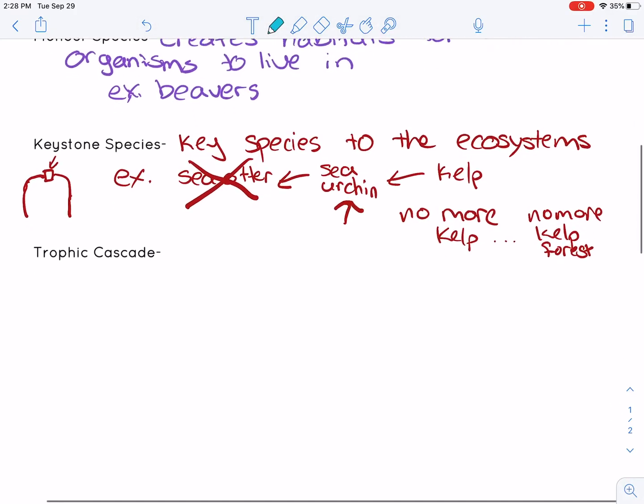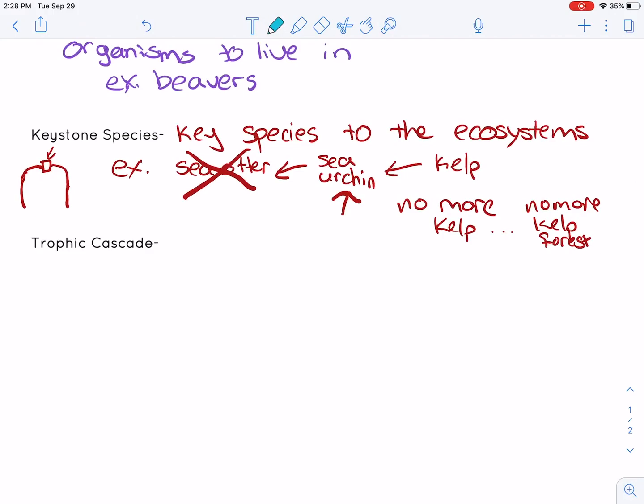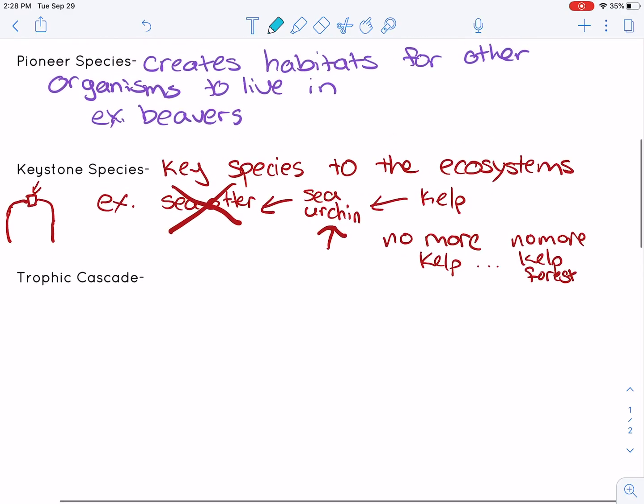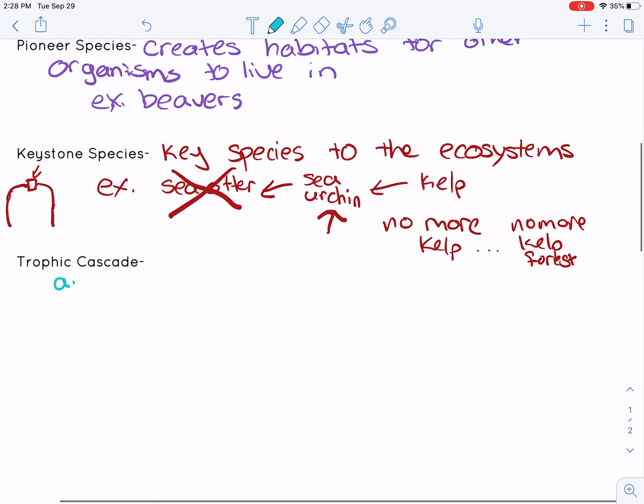And so the last part is what we're going to call a trophic cascade. We're going to watch a video about trophic cascades when we reintroduce the wolves into Yellowstone. But I'm going to give you the fancy definition of this, and then we're going to watch an example in class.